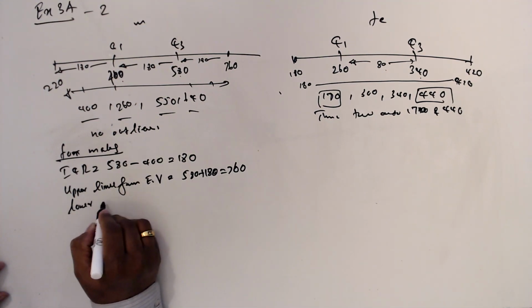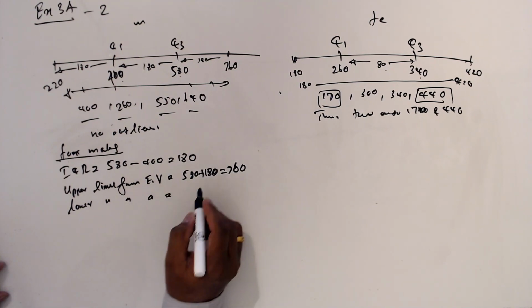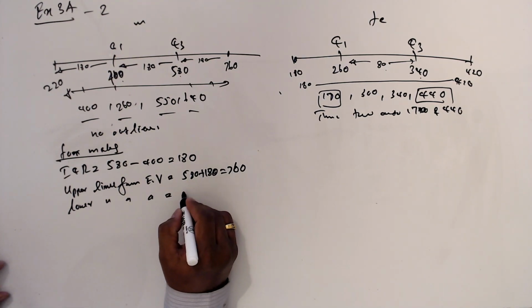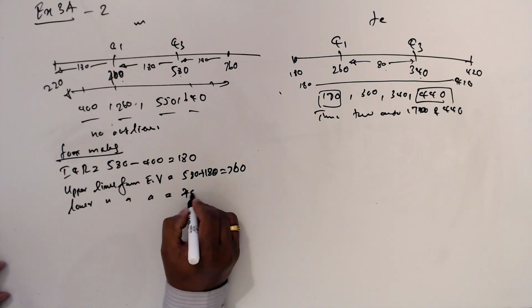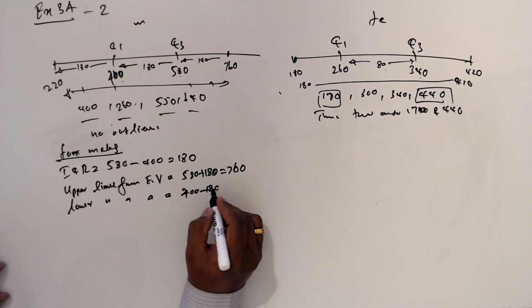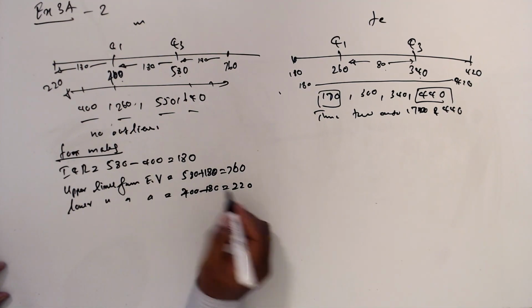Lower limit for extreme values is 400 minus 180, that is 220.